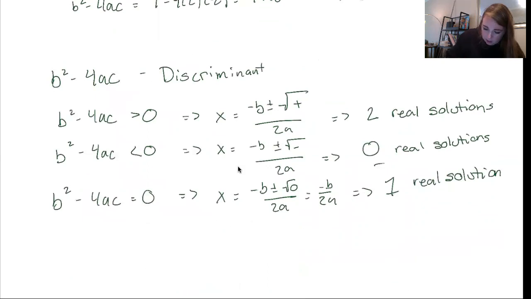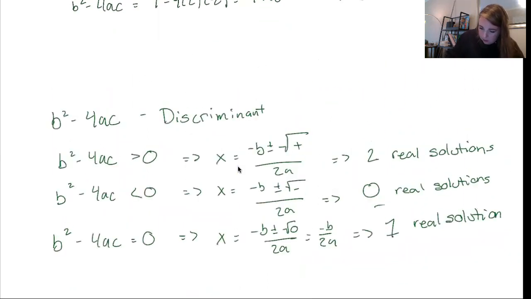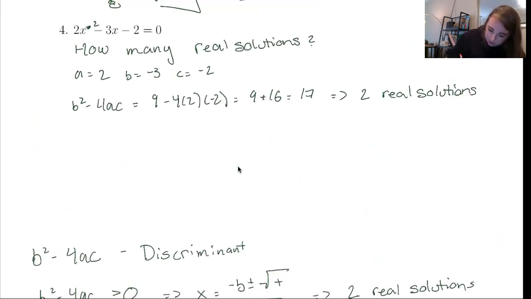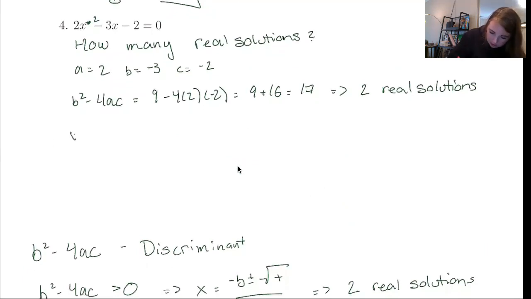Let me move this down a little bit so we can plug in our quadratic formula. So I have x equals negative, what's my b? 3. So negative 3 plus or minus, I don't even have to do all of that. I just know it's already going to be 17.